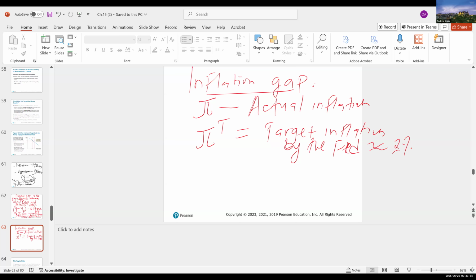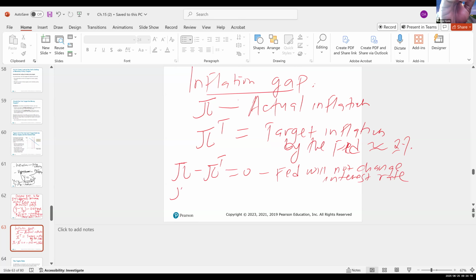So the inflation gap is the difference between actual inflation and target inflation. So if this difference equals 0, we believe that the Fed will not change interest rates because inflation is already at its target.